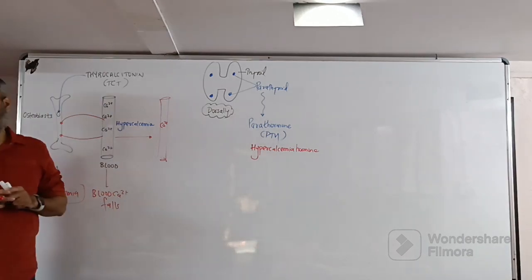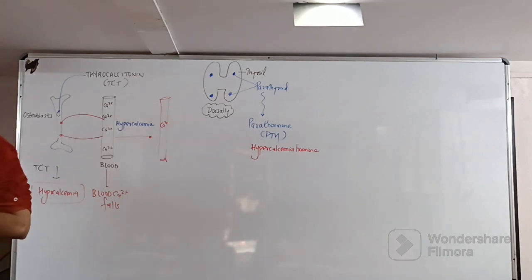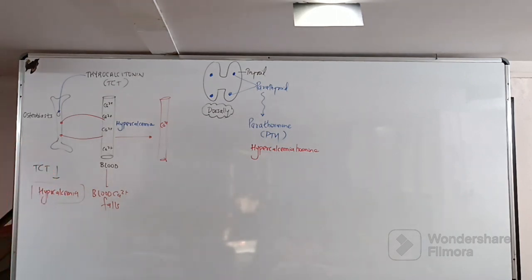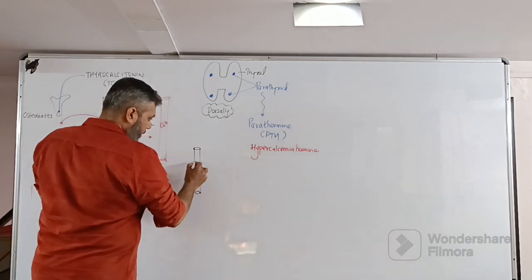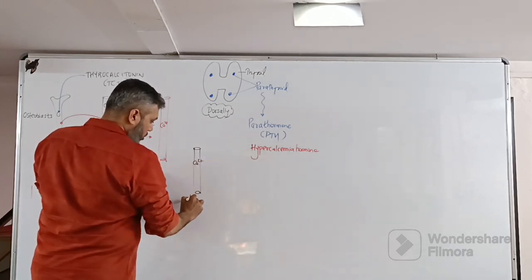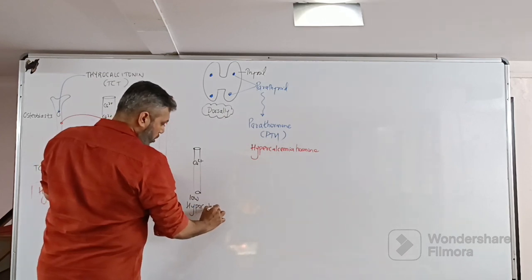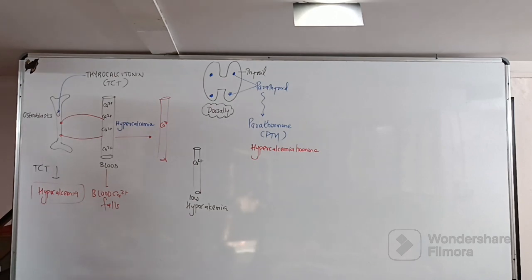Okay. So Aditya, can you guess what would be the function of parathormone? Increases calcium in blood. How could it increase calcium in the blood? If the calcium level in the blood is low, you will say that the condition is hypocalcemia, right?